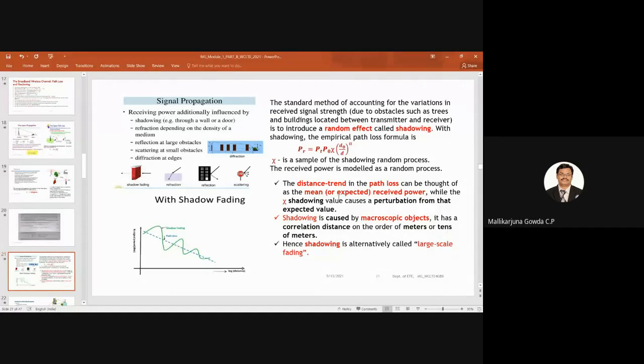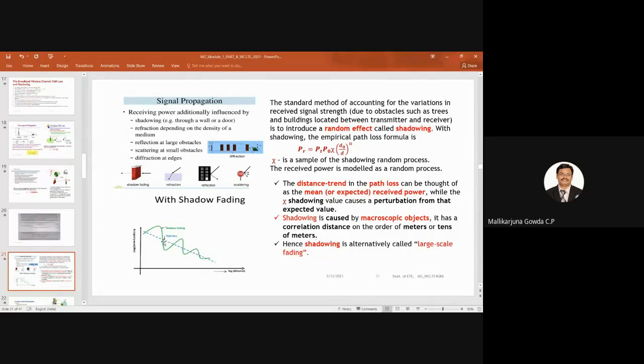And shadowing can be thought of as perturbations from the expected value. As I said, shadowing happens due to macroscopic objects, and it has a correlation distance in the order of meters or tens of meters. Hence, the alternative name for shadowing is large scale fading.